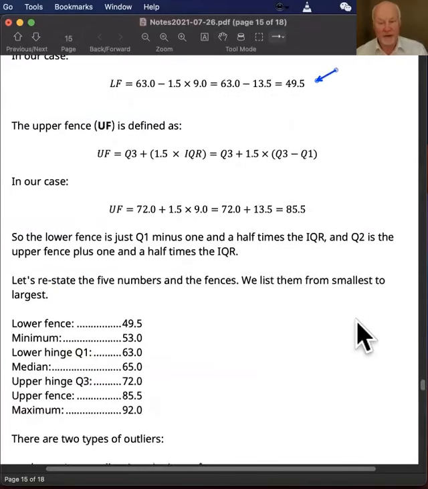The upper fence is calculated in a similar way: the interquartile range of 9 multiplied by 1.5, but this time we add that to Q3, the upper quartile, and that gives us an upper fence of 85.5.